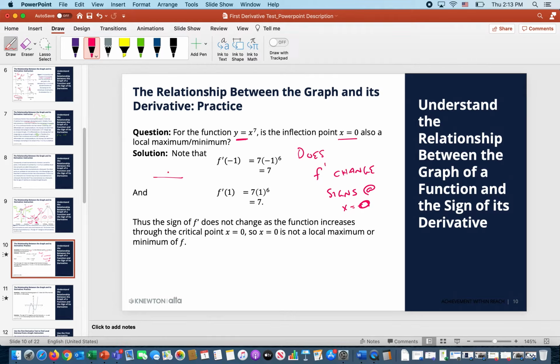If you drew a number line and 0 were here, -1 would be here and 1 would be there. We plug -1 into the derivative of this function, 7x to the 6th, and we get a positive 7. We do the same thing with +1, and we get a positive 7. Because the derivative does not change signs, this is not a local max and it's not a local min.